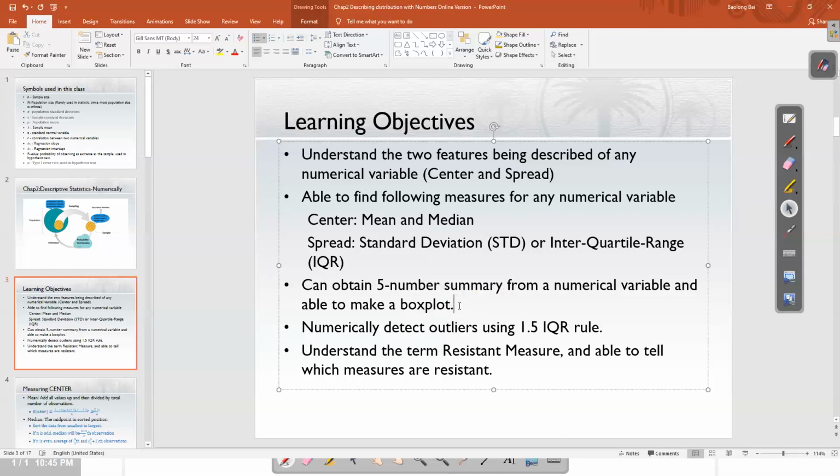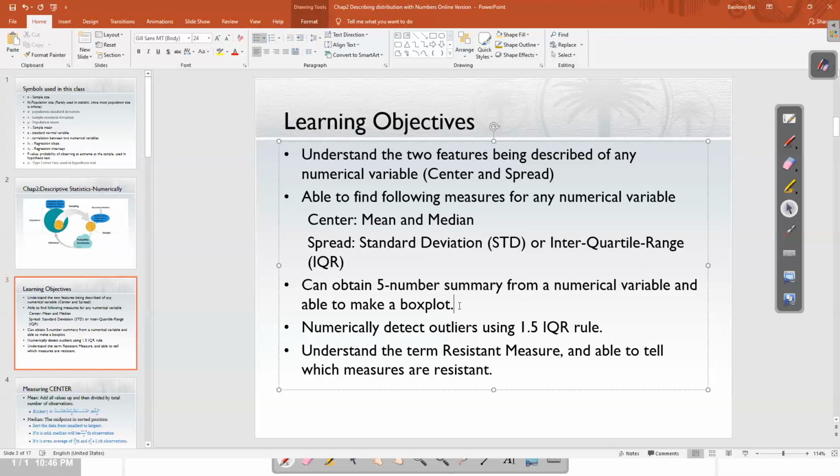And then in commercial softwares, if you get a box plot from a software, a lot of software will provide a box plot with outliers being indicated. So they're being marked out outside of the box. So how are those outliers identified?